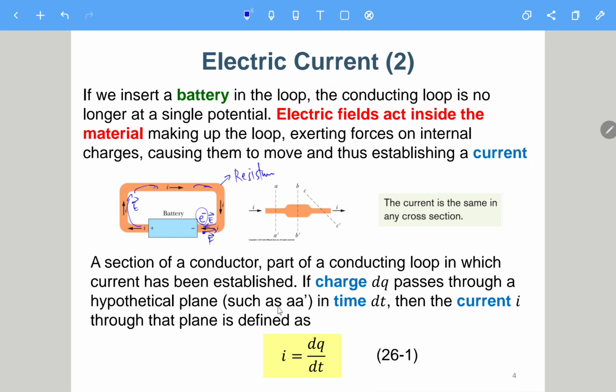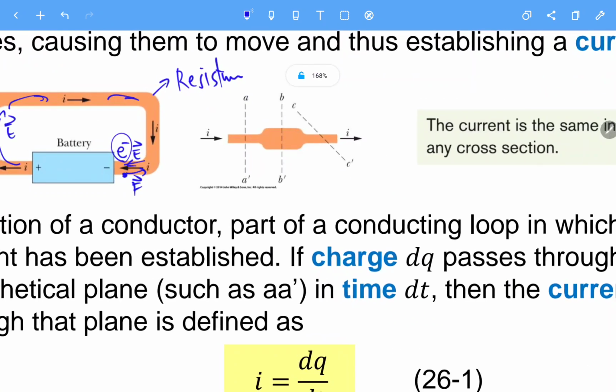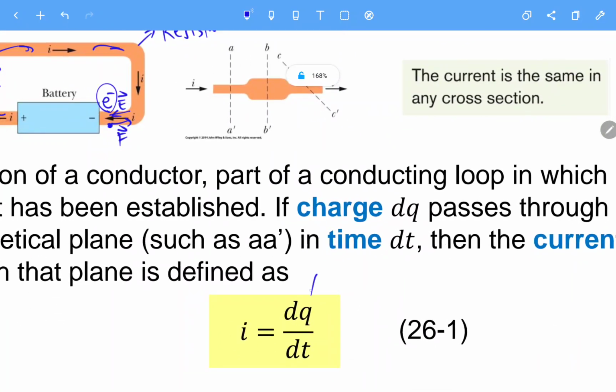Okay, so here is the definition of the current. As much as we already know, Q is the charge at a specific point or specific region. If we take its derivative with respect to time, that tells us how much the charge has changed at a specific region.